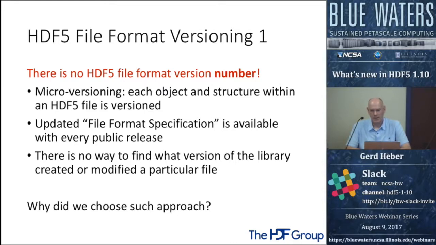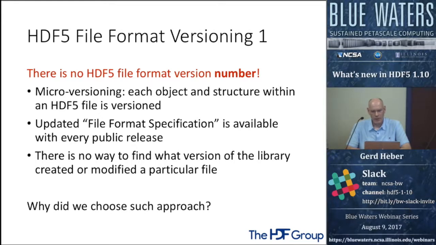In fact, if you follow the links for the file format specification, it currently stands at version 3. So there are versions, I believe there was a version 0, 1, 2, and now there is a version 3. But they are not exactly correlated or tied to library release versions.